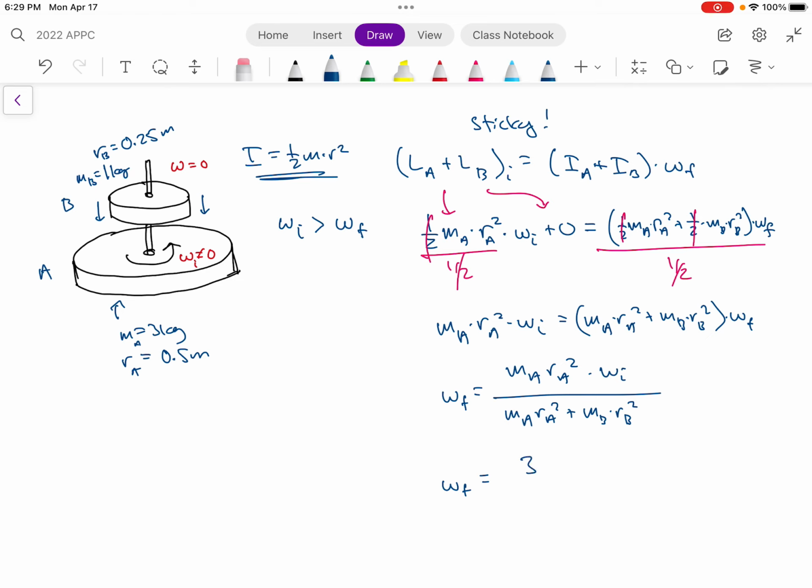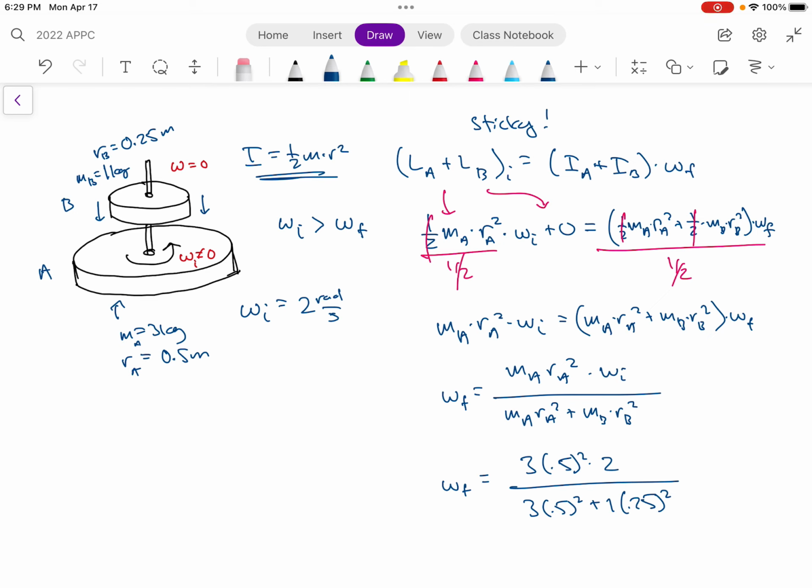I've got 3 times 0.5 squared times, I never gave it an omega I. Omega I equals 2 radians per second. All divided by 3 times 0.5 squared plus 1 times 0.25 squared.